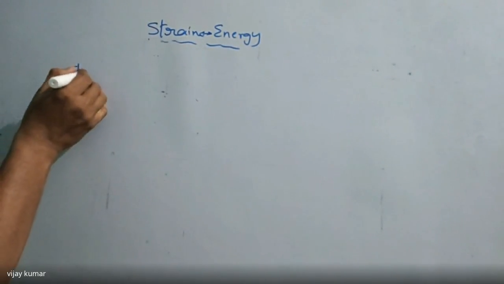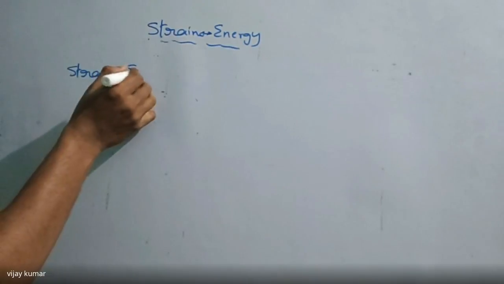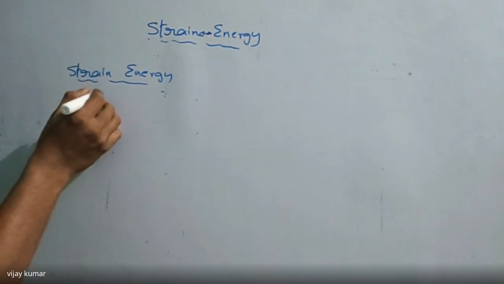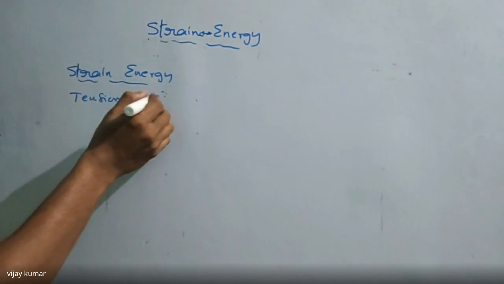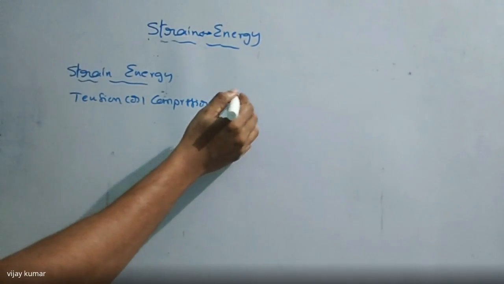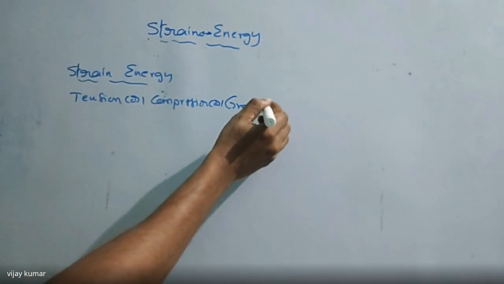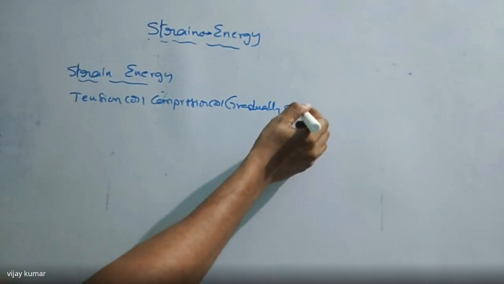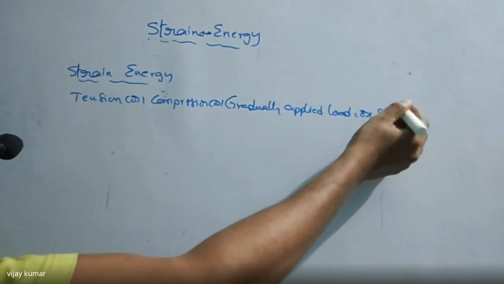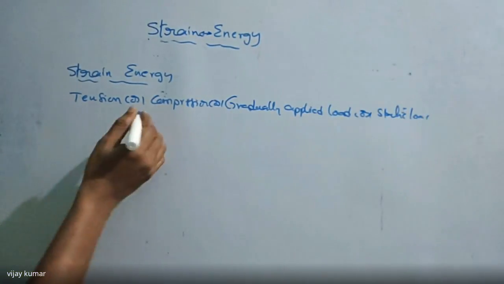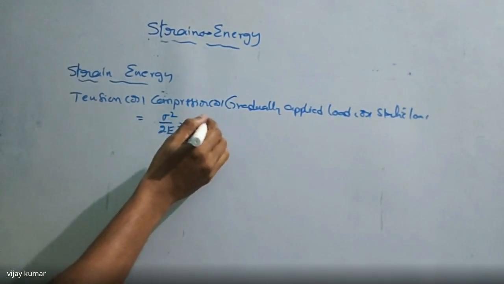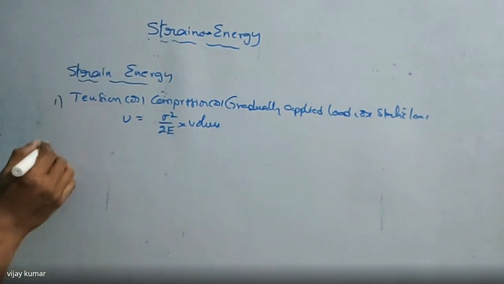I'm writing here strain energy under tension or compression or gradually applied load or static load is equal to sigma square by 2E into volume. This is the first case.